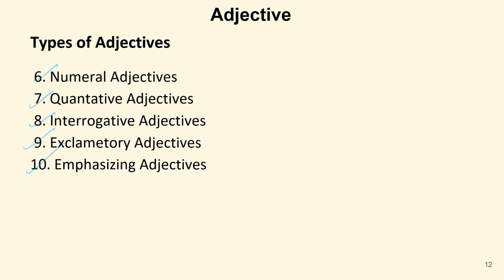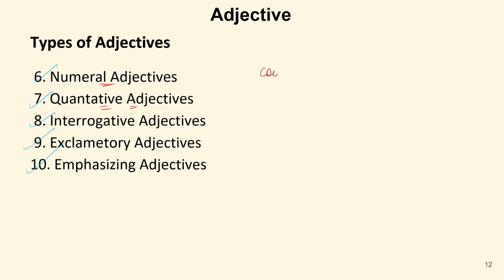Now, we have another type of adjective, that is numeral adjective. Now, this one is very, very important. So here we can see quantitative adjectives, whereas numeral adjectives as well. Now, what's the difference between these two? Let's be clear. Numeral adjectives state the number of something which we can count, something that is countable.